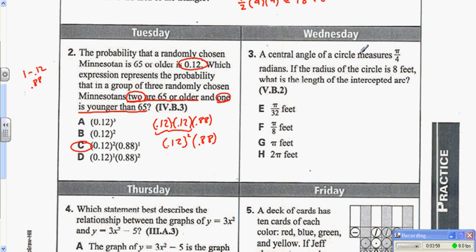The central angle of a circle measures pi/4. If the radius of a circle is 8 feet, what's the length of the arc? Now, arc length we use with proportions, but we normally don't have radian measures like pi/4 here. We usually have degrees.